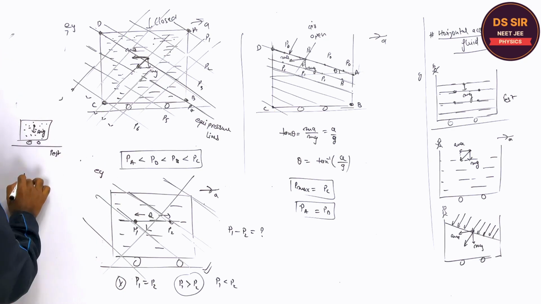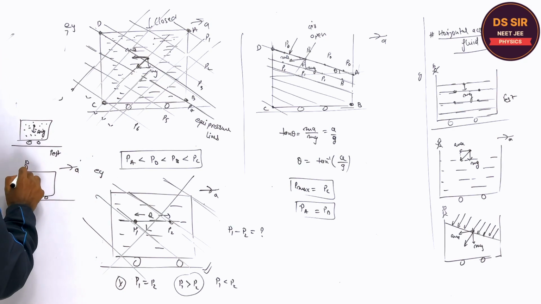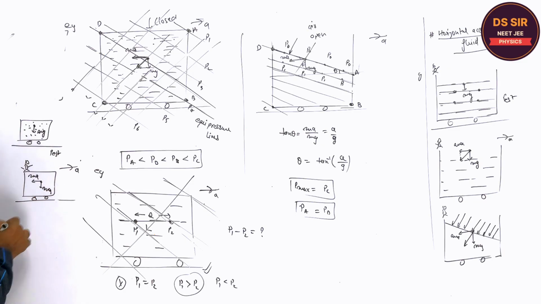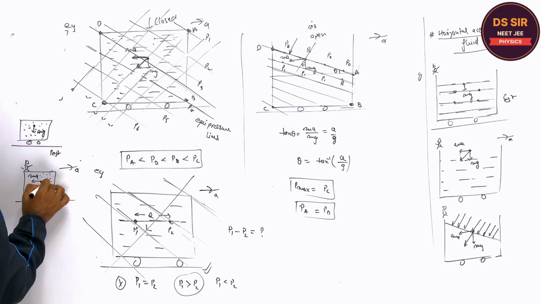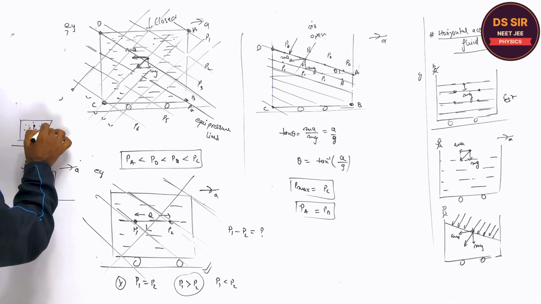But if it is accelerating with a, you sit in this frame of reference, and there is mg downward and ma in this direction. So the net force starts acting in this direction, but the molecules will remain as they are.